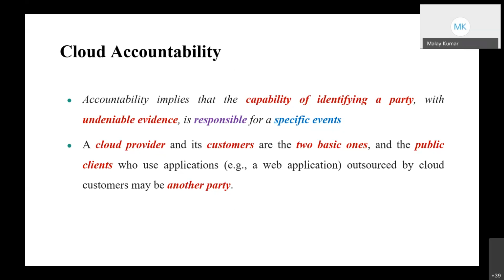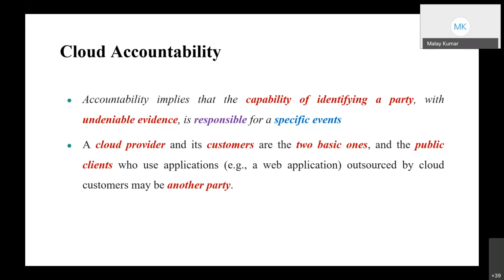It means that if some incident happens in the cloud environment, a cloud service provider, user, or an auditor performing an audit should have enough evidence to prove that the incident happened due to the cloud service provider, the cloud service user, a third party, or an adversary.